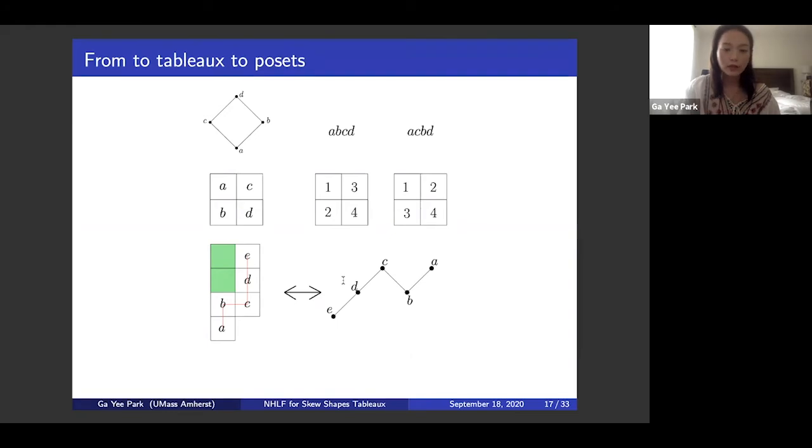Take this, rotate it a little bit, make a poset out of it, and any linear extension of this poset is equivalent to a standard Young tableau of this shape. And so, because they're the same thing, E of P, for the poset derived from a standard Young tableau, is equal to the number of standard Young tableaux of that shape.